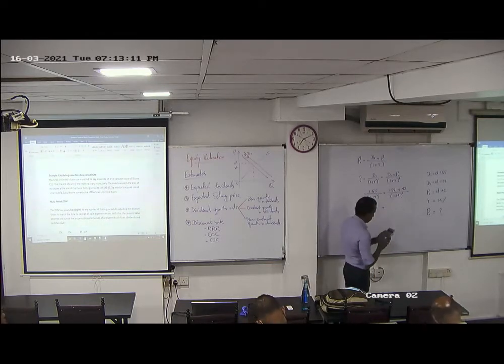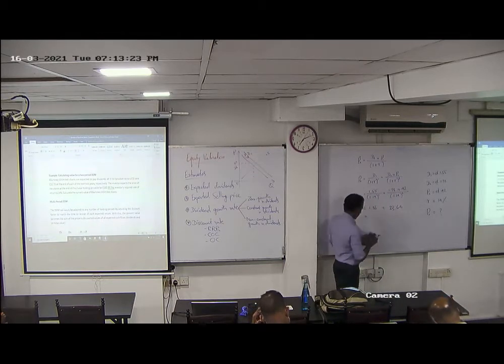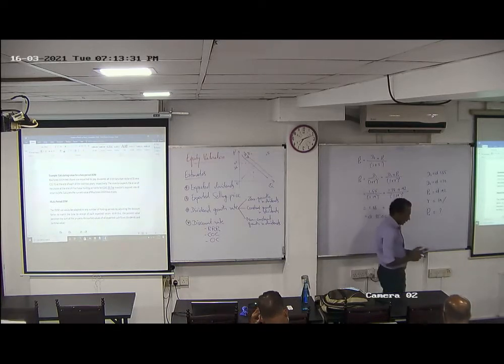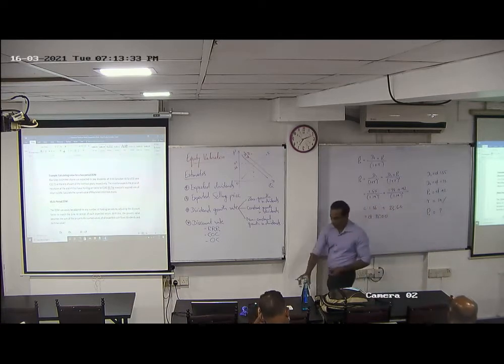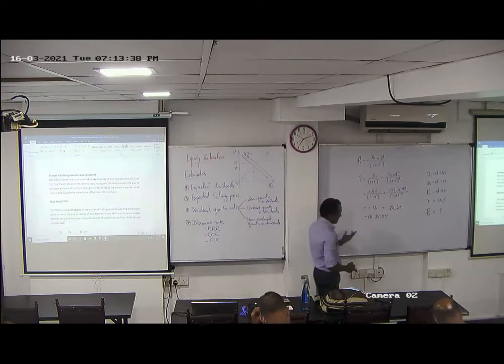Then 43.72 divided by 1.14 to the power 2, you get 33.64. And when you add 33.64 and 1.36, you get 35. Right, the price is 35. So share price, that's easy.